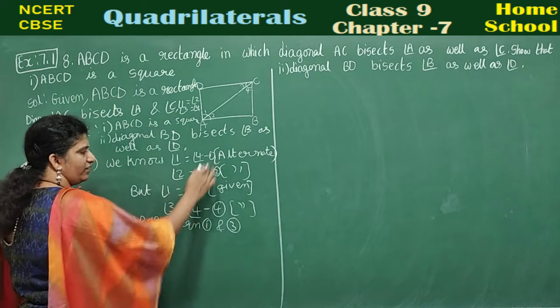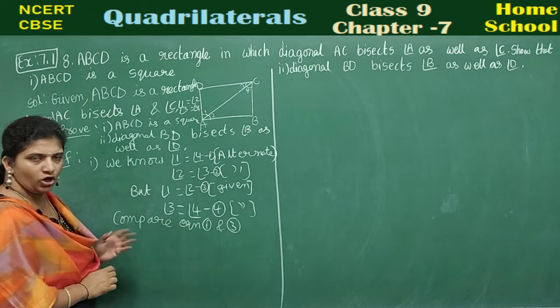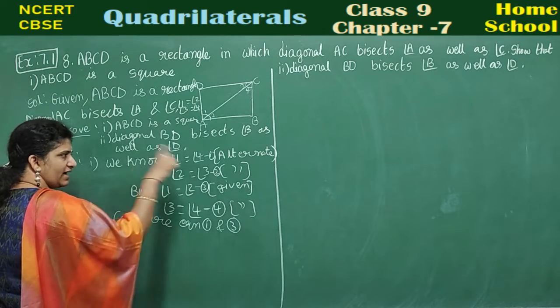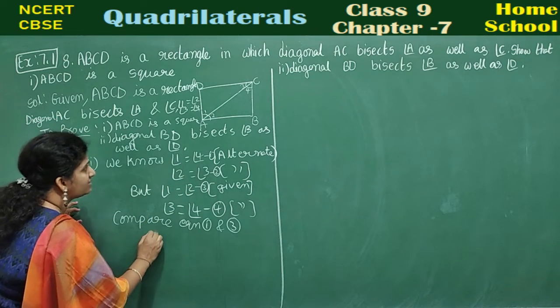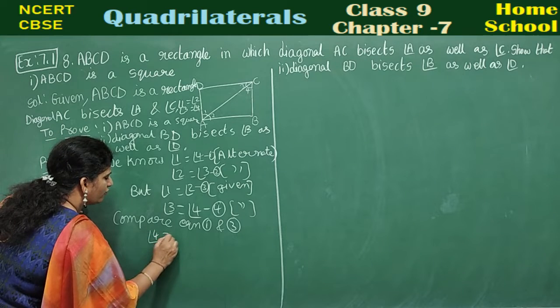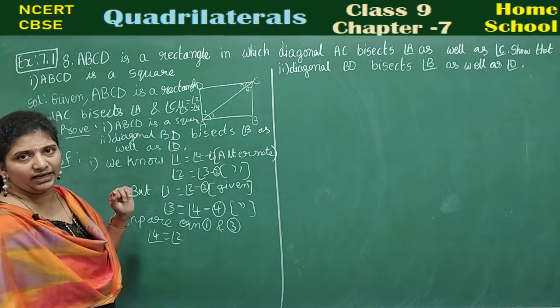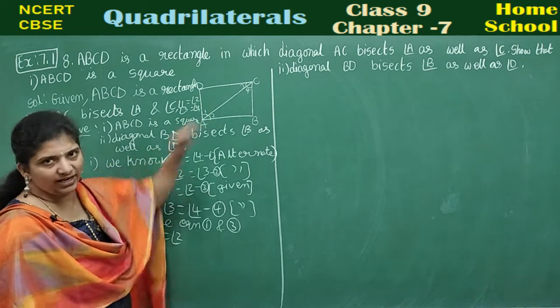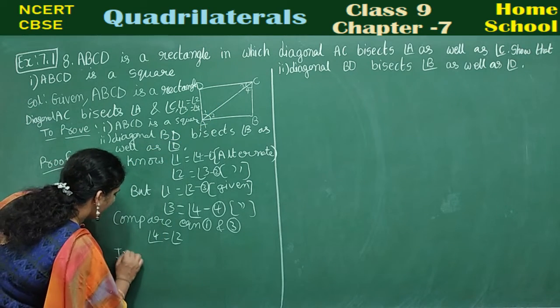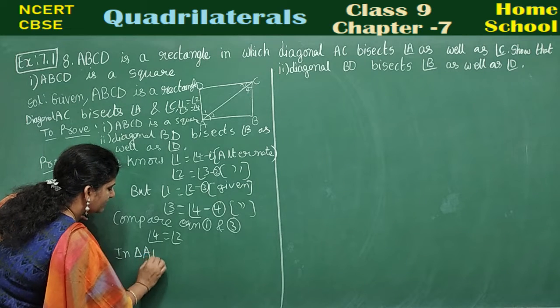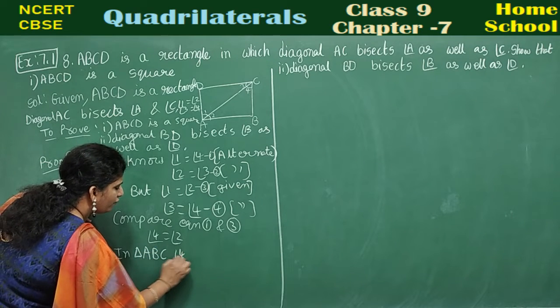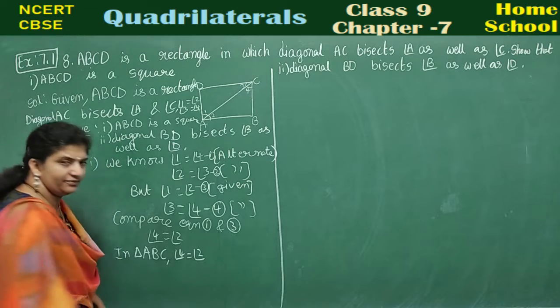Angle 1 is common. So we can skip these angles and you can equate remaining angles. That is angle 4 is equal to angle 2. Which triangle? Triangle ABC. In triangle ABC, angle 4 is equal to angle 2.